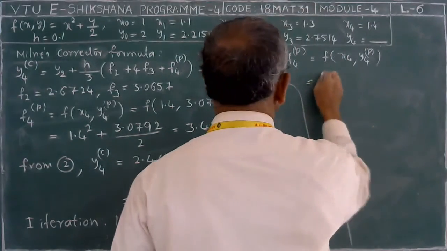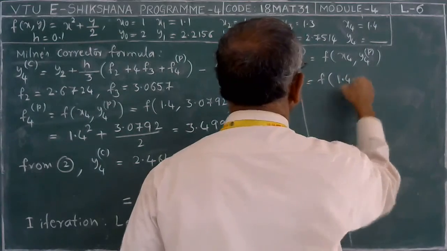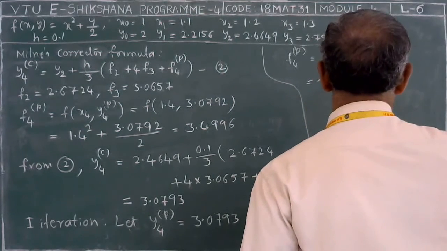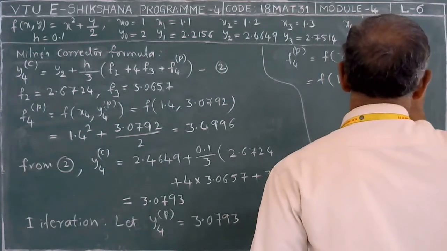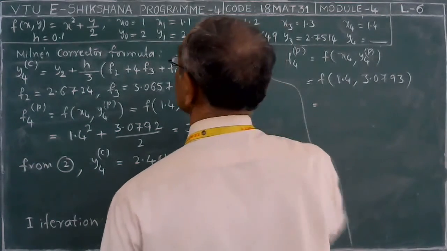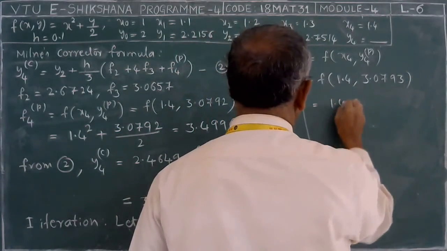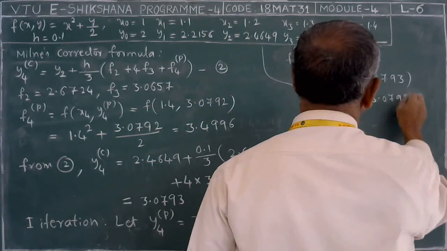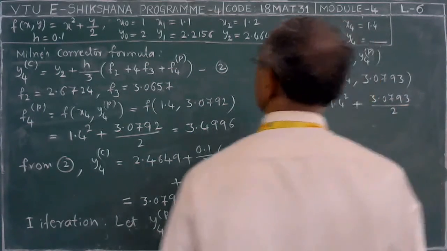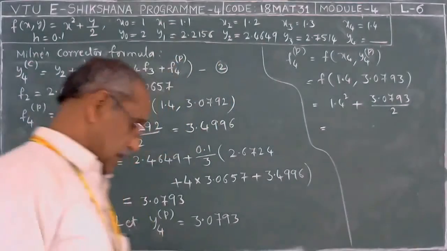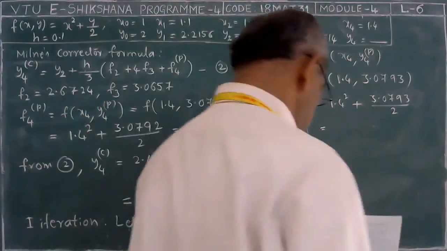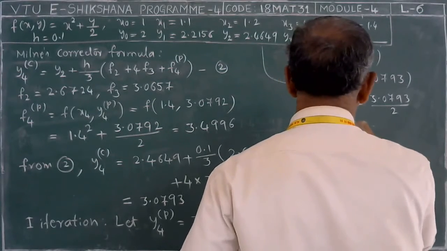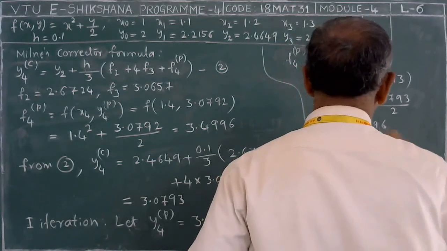Substituting, x4 is 1.4 and y4p is 3.0793. Using the definition, this is 1.4 whole square plus 3.0793 divided by 2. If you calculate this, f4p will be 3.4996.